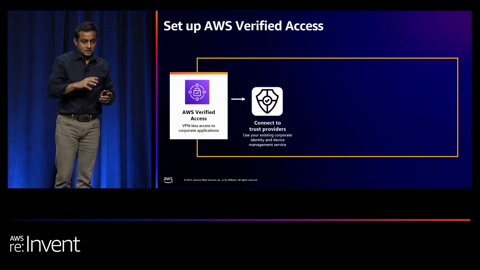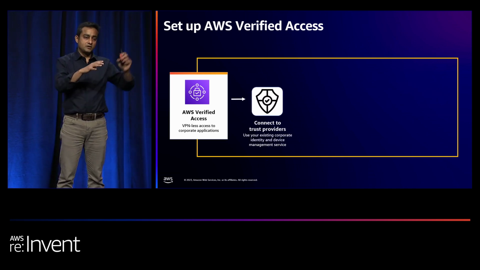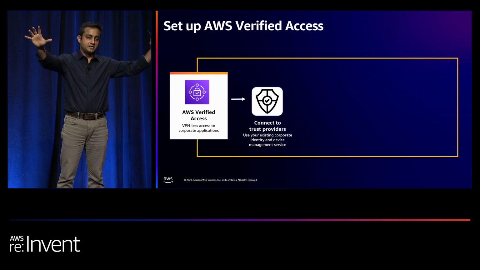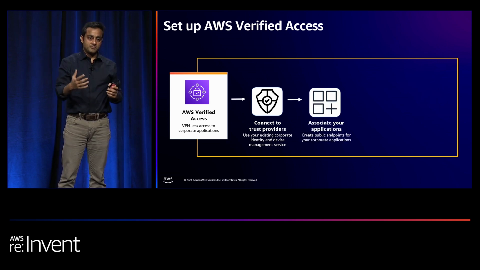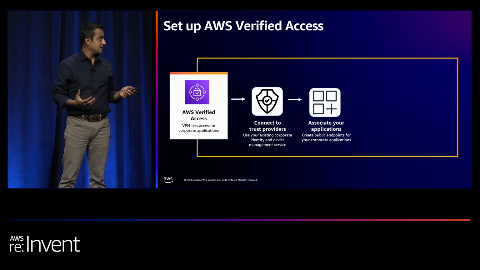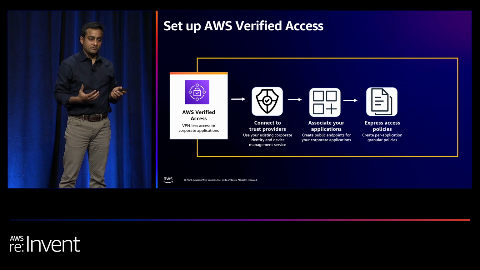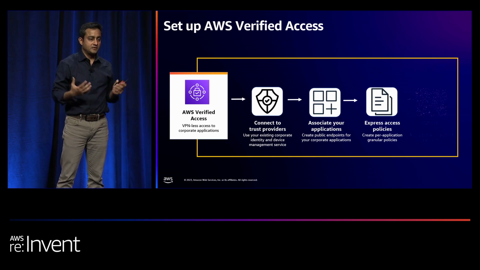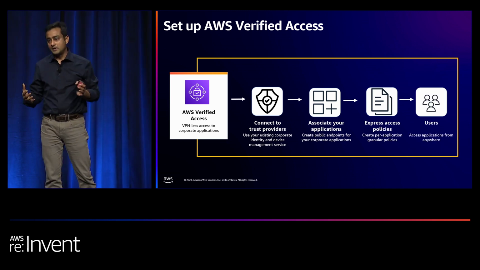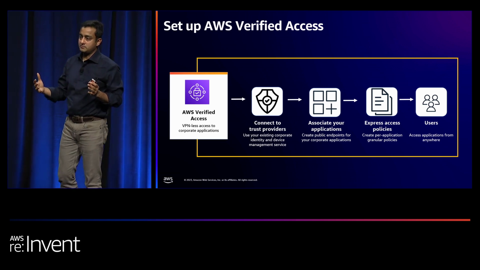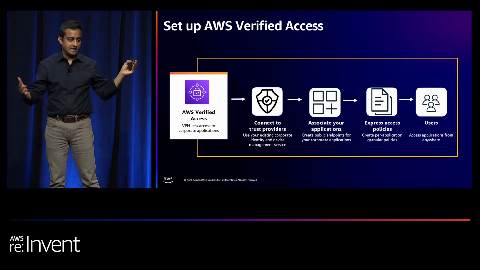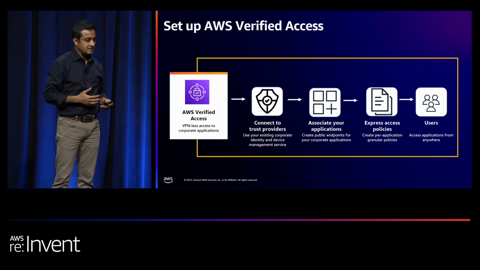The second step is that you connect to your identity provider and device management provider. Then with the help of your developers, you onboard the applications into verified access, and then you write policies. Once you write policy, the application is available to all your users. So all your employees, thousands of them, can just type the DNS name, the domain name, and access the application. And the policy will decide whether they should be allowed or not.